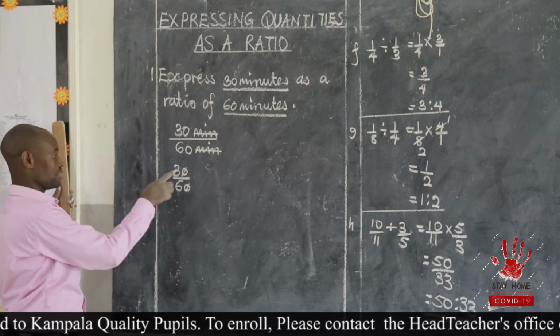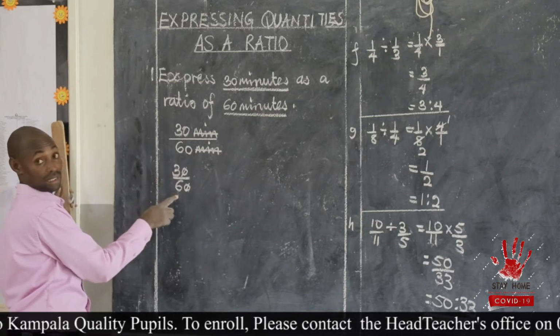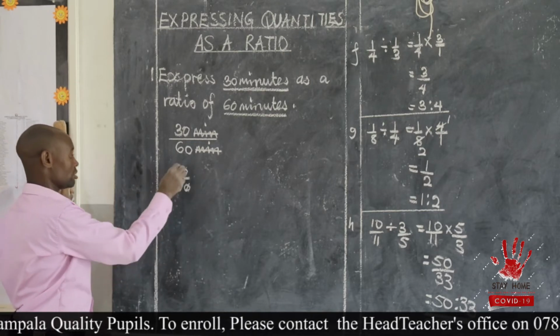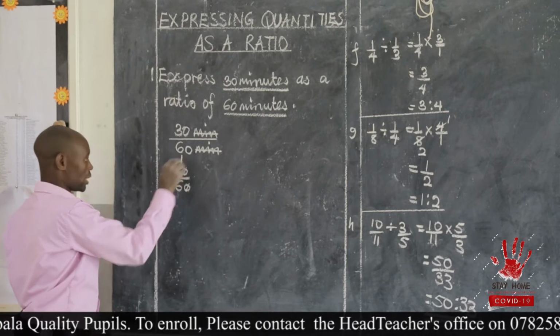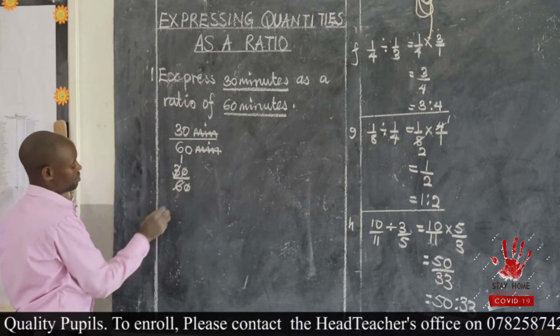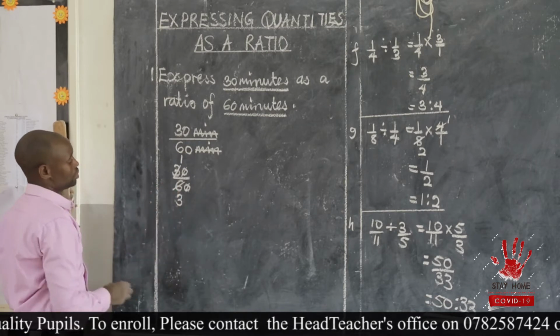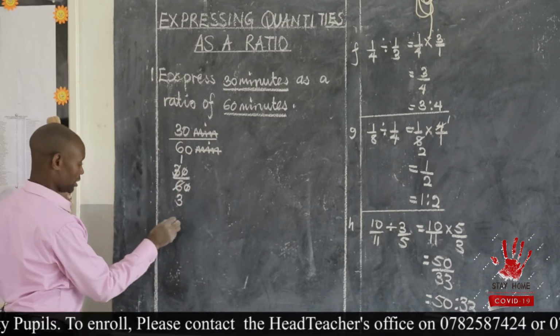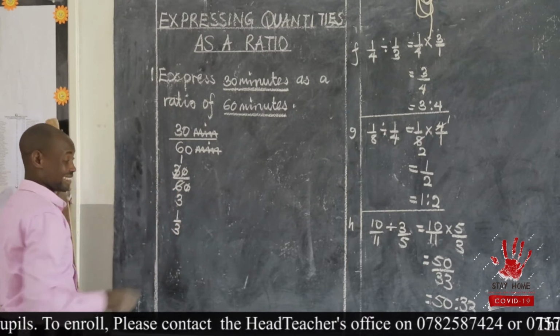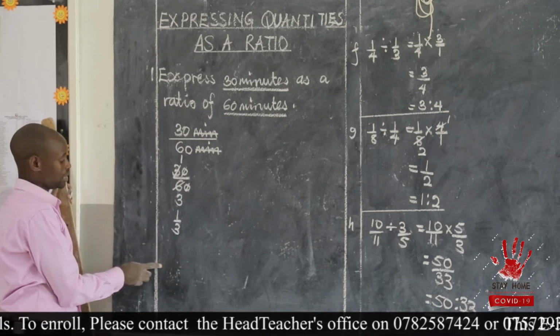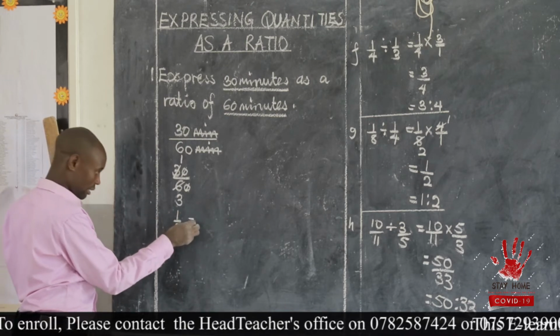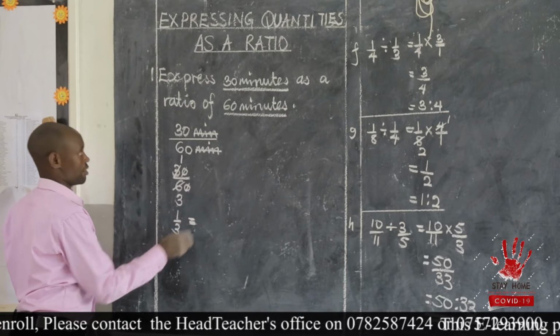Which factor can reduce 3 at the same time 6? That is 3. So 3 divided by 3, we get 1. 6 divided by 3, we get 3. So which fraction am I getting from this? That is a third. Can this one be further reduced? No. So how do we write this one as a ratio?